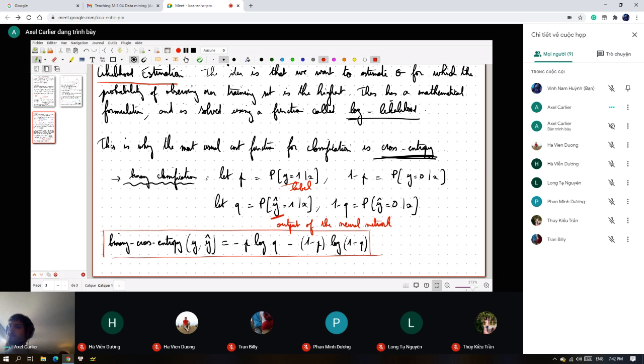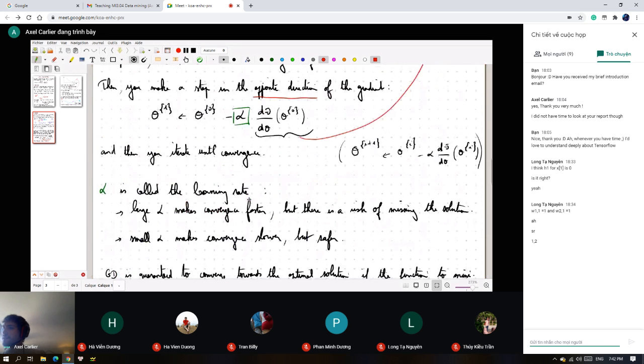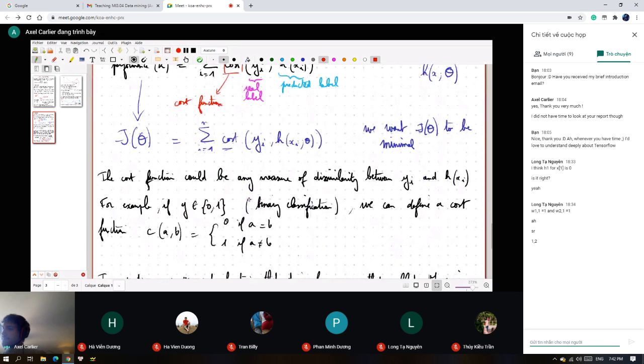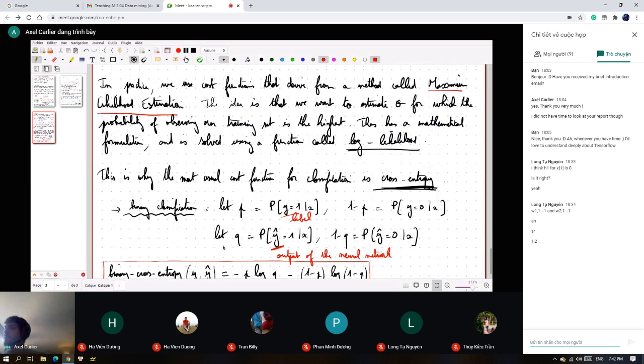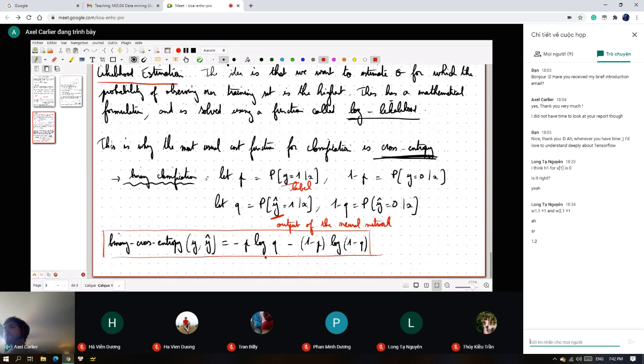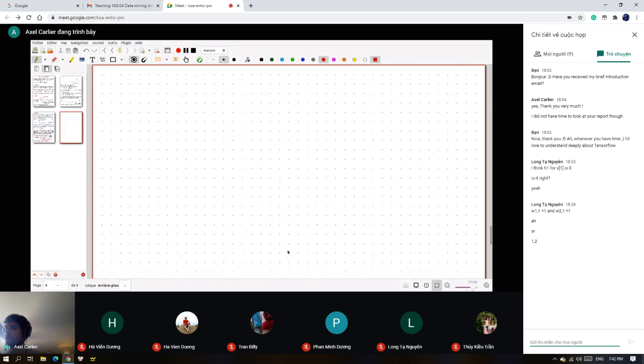And I hope you are thinking in your head that this is way too complicated. If you remember what I defined earlier, that was way simpler: if the two labels are the same, you use 0, otherwise it's 1. Here, you have probabilities, you have logarithm, it's much more complicated. But in fact, it's complicated, but it has a meaning. So my goal is to show you the intuition behind this cost function.